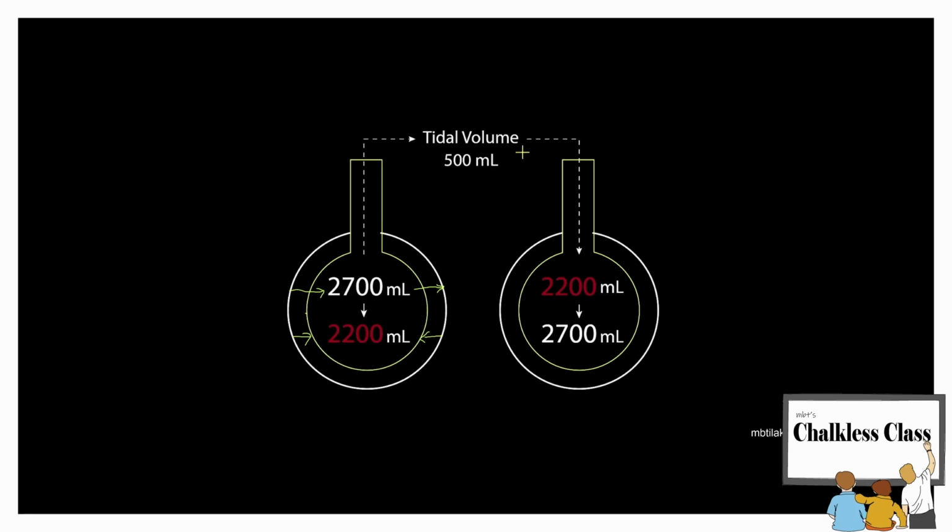About 500 ml of air is again inspired into the lungs. This is also tidal volume. So tidal volume can be defined as the volume of air exhaled or inhaled during normal breathing or normal respiration. Tidal volume is 500 ml.